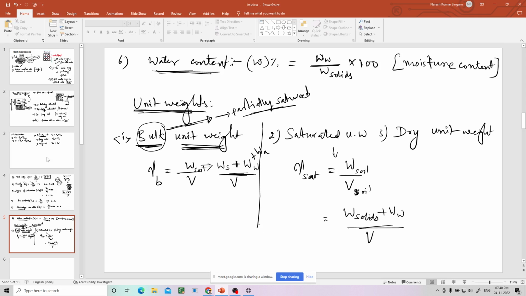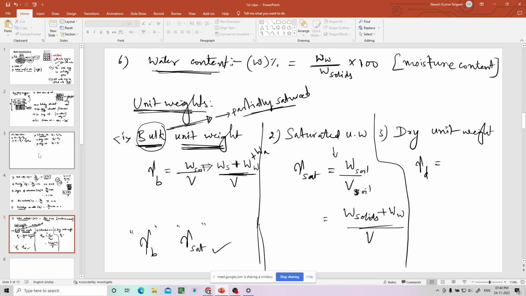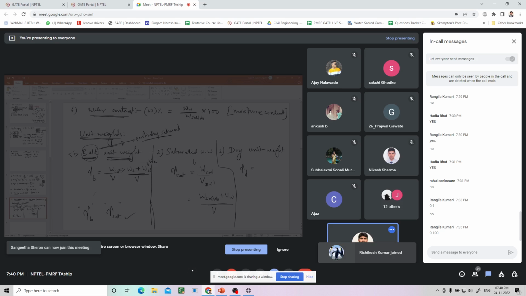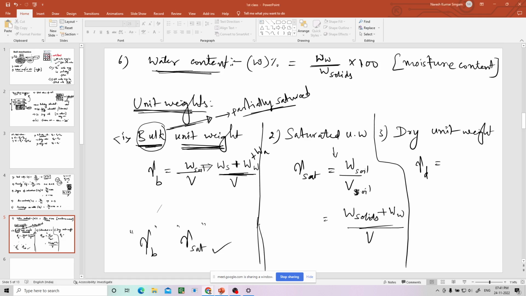Now, if you take the same soil sample, can you tell me which one will be greater out of these two, gamma B or gamma sat? Which is greater? Can you tell me which one is greater?